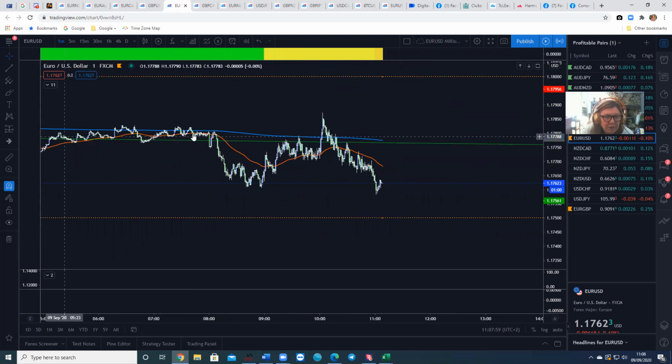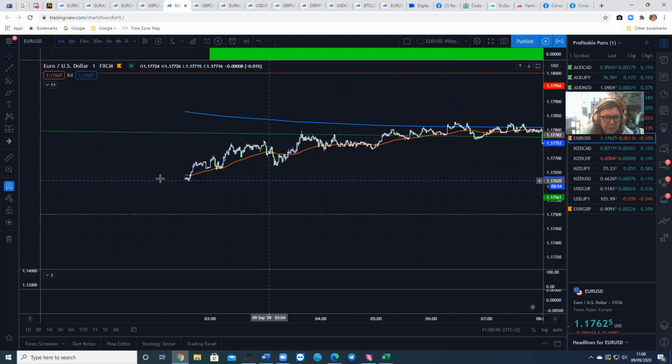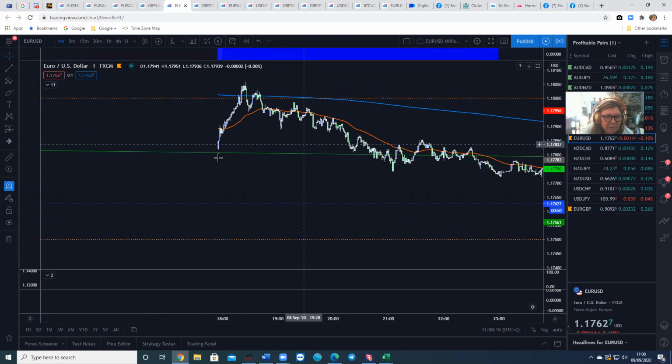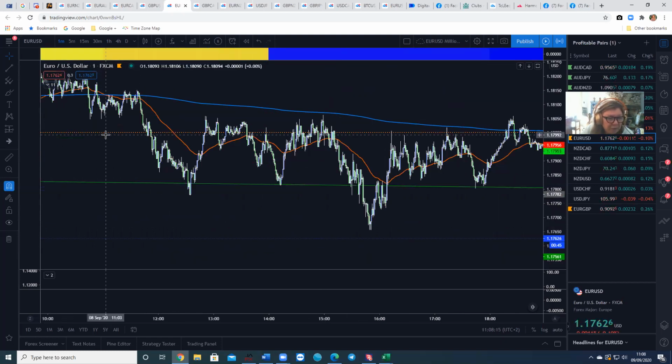So all that stall out in Tokyo, the 62 has been below for a long time. It crossed over under, 8th of September, day and a half ago.